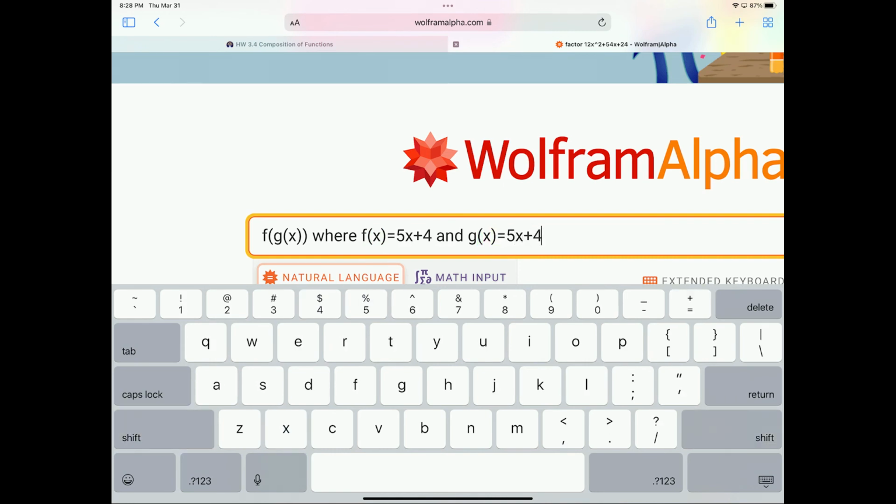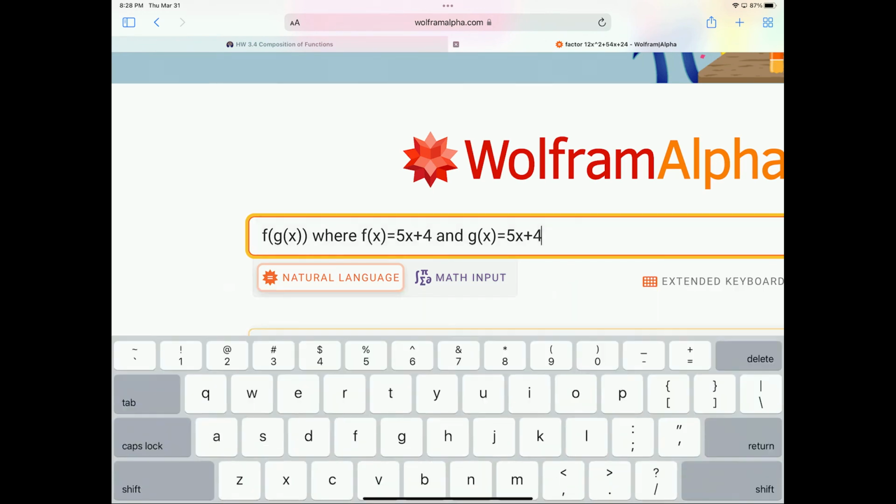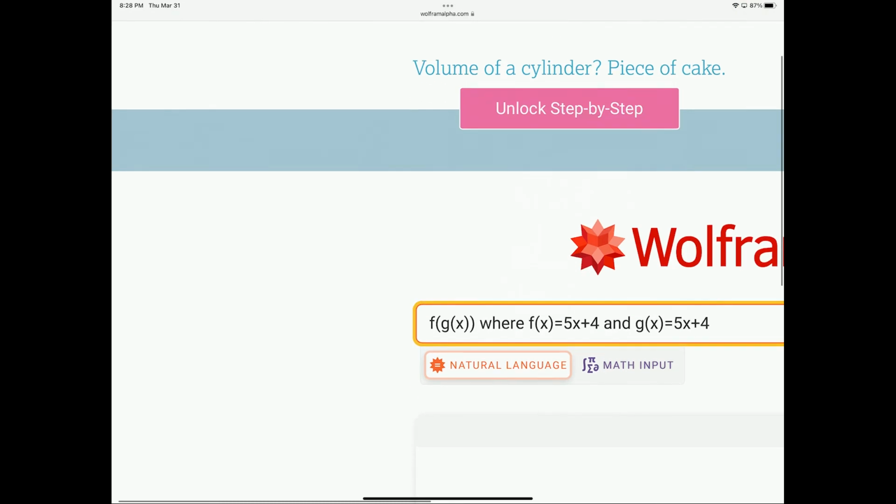Remember how I said the easiest way to do f of f is to do f of g, but use the same f and the same g, the same function. So if you do this, it's going to calculate f of f.